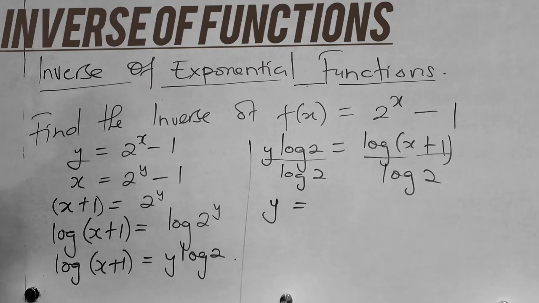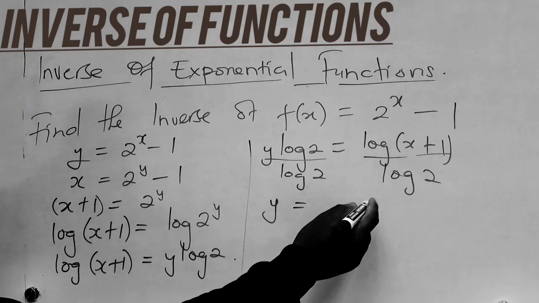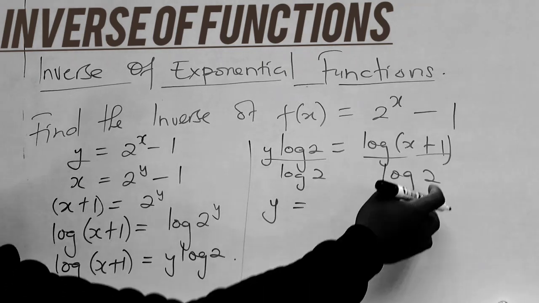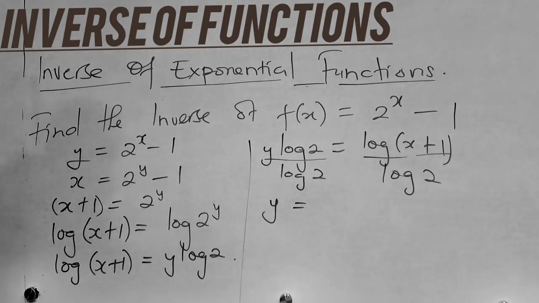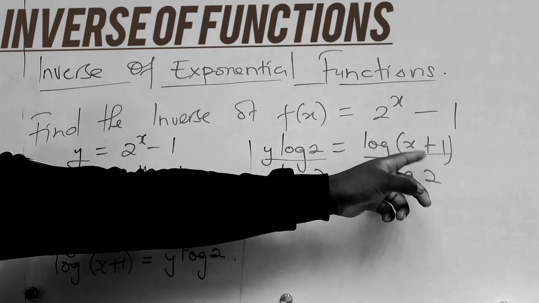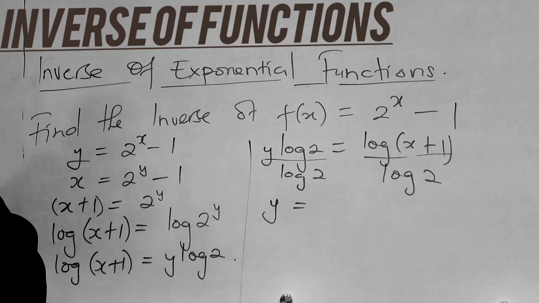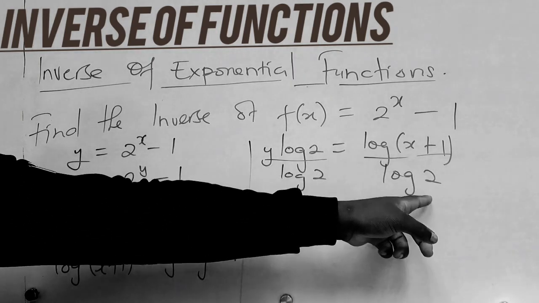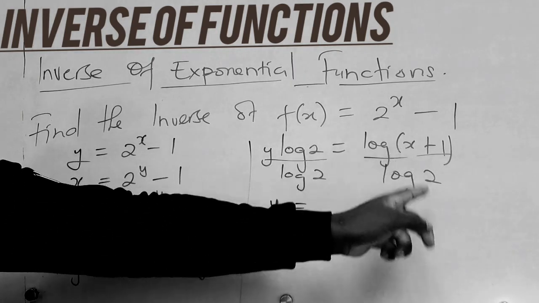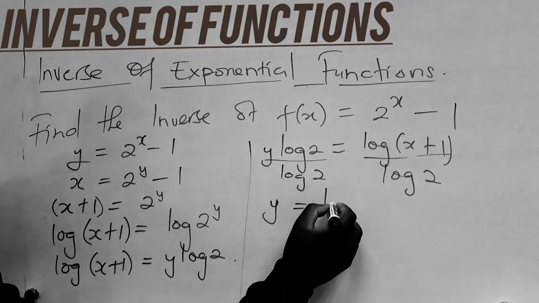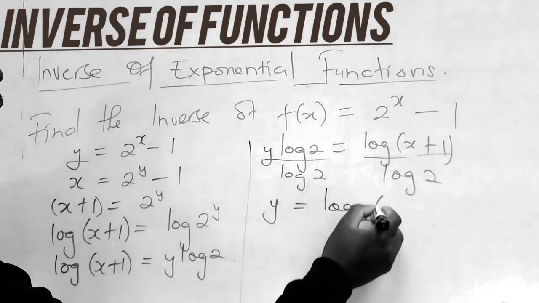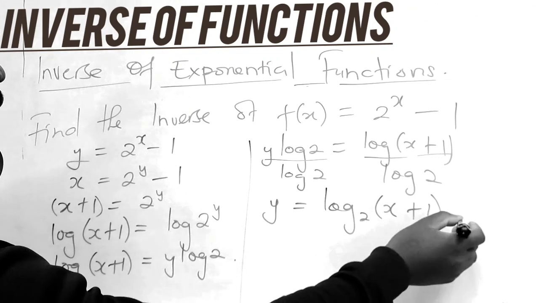We'll be left with y is equal to log of x plus 1 over log 2. But this one, we can do change of base law here. Change of base. So this becomes log base 2 of x plus 1.